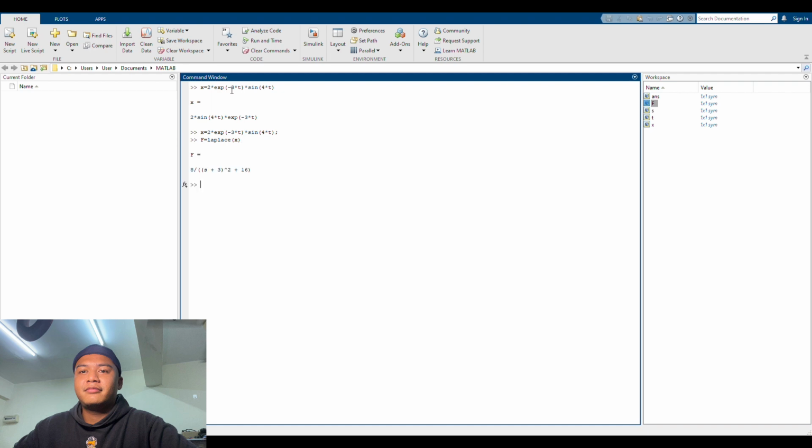The coding will show the full coding for the Laplace. The answer for the Laplace is 8 over (s plus 3) power of 2 plus 16. So from this coding, we need to put the semicolon to find f equal to Laplace. If we don't put the semicolon, the coding is repeated about this question.